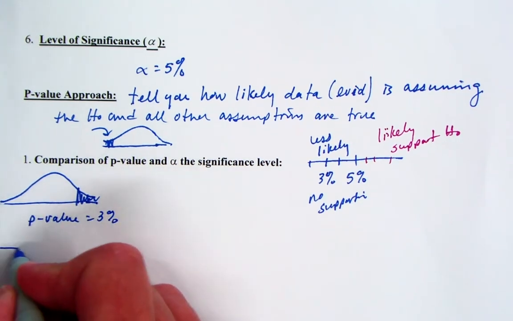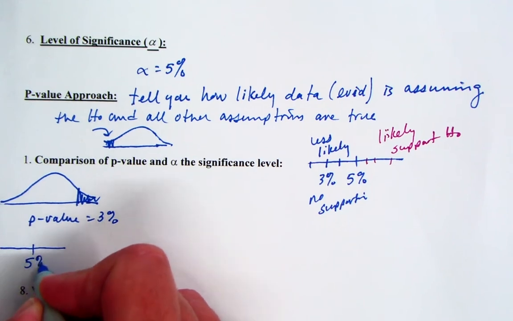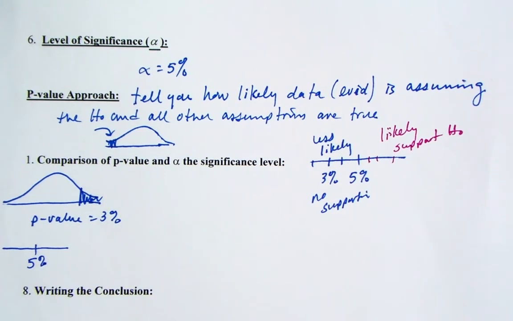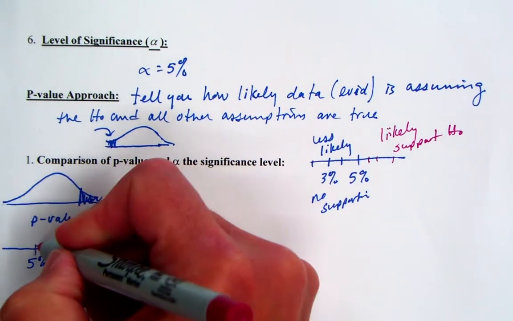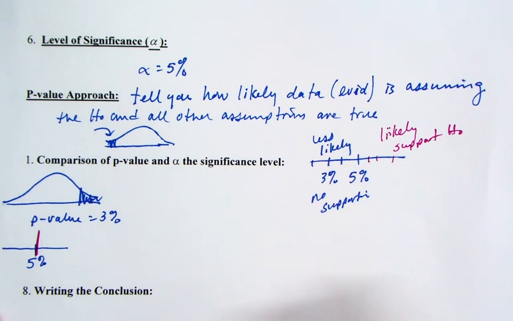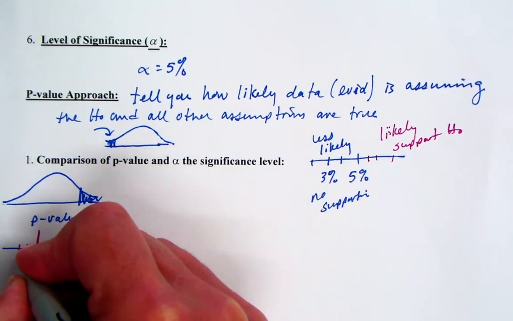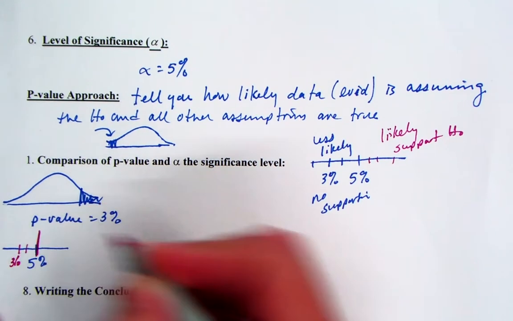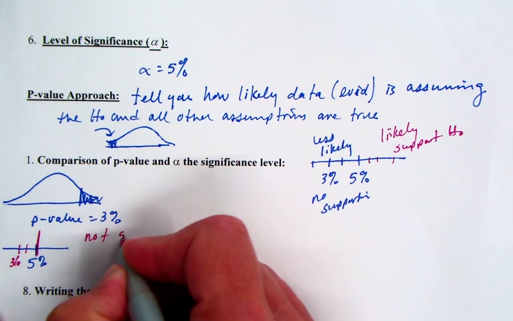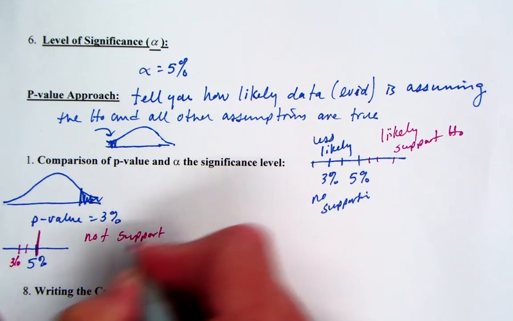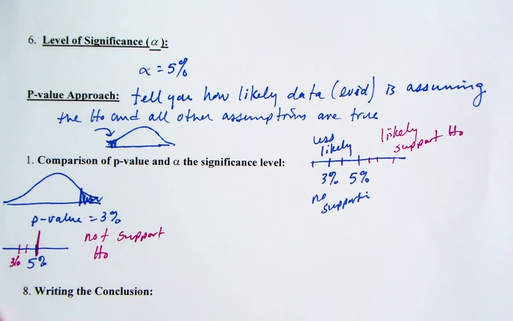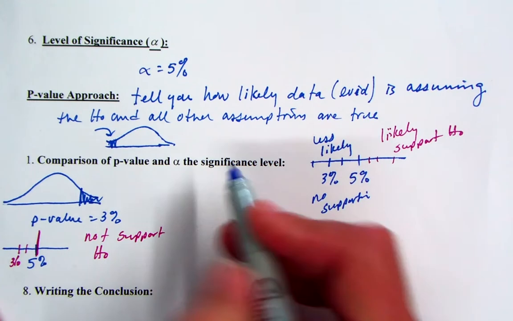So I'm thinking about this 5%. 3% is less likely than 5%. 5 is my cutoff. If I'm at 5 or anything below, I'm not supporting the null. My evidence is not supporting my assumption. So if I'm down here at 3%, this is not supporting the null.